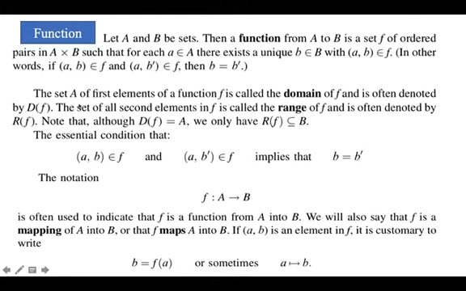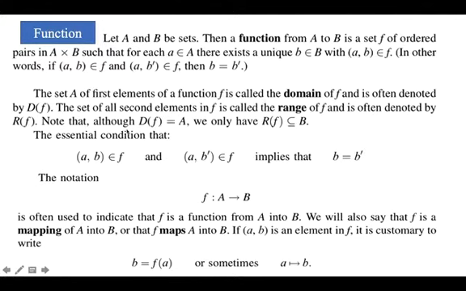The set A of first elements of a function f is called the domain of f and is often denoted by D of f. The set of all second elements in f is called the range of f and is often denoted by R of f.